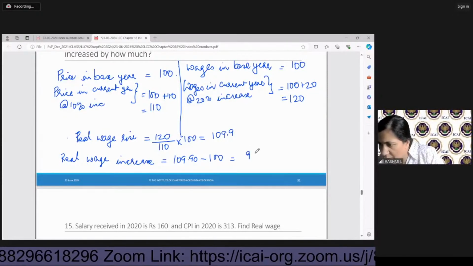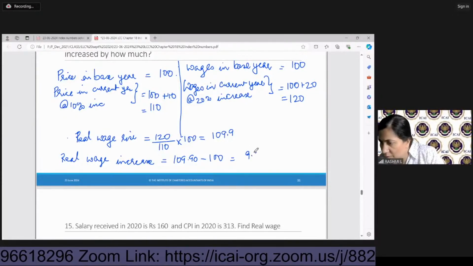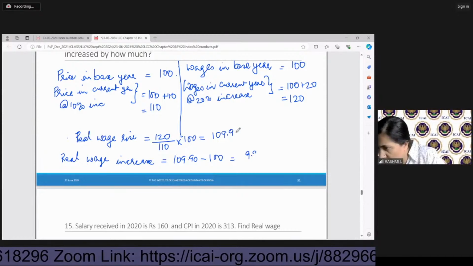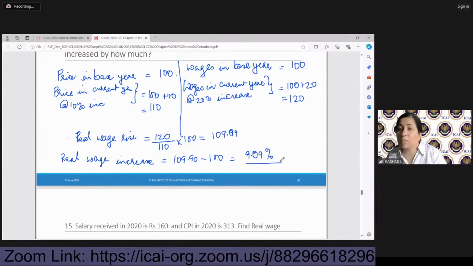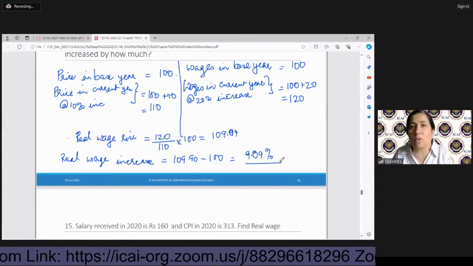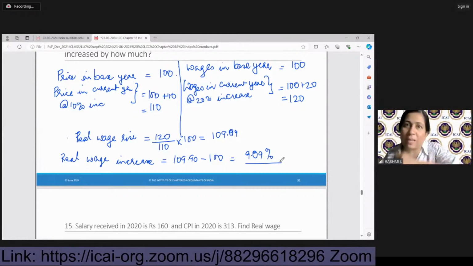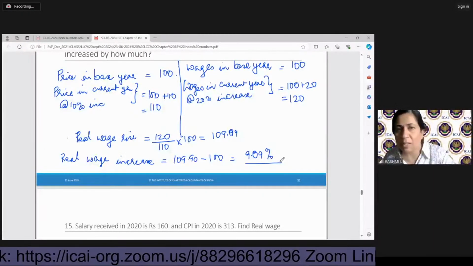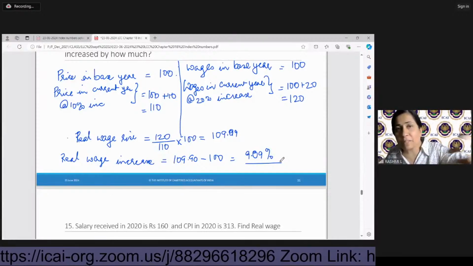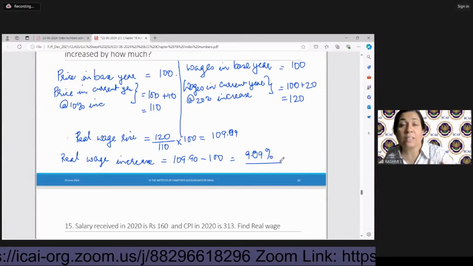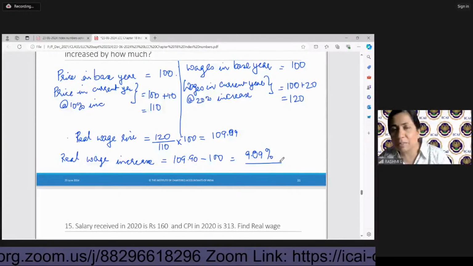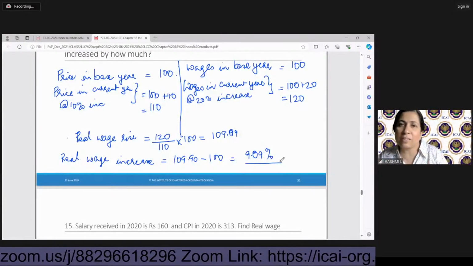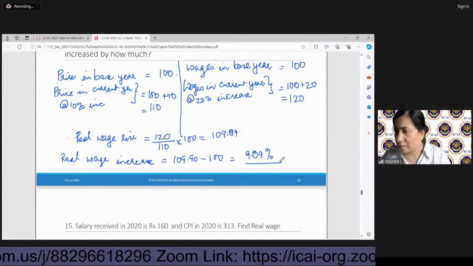So it became 9.09, sorry, 9.09%. So even though it may appear to be a rise of 20%, because the prices have also increased by 10%, effectively my wages have risen only by 9%.